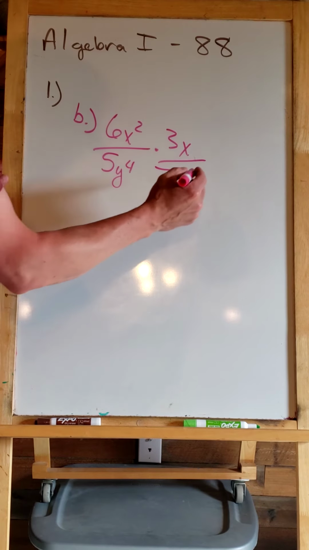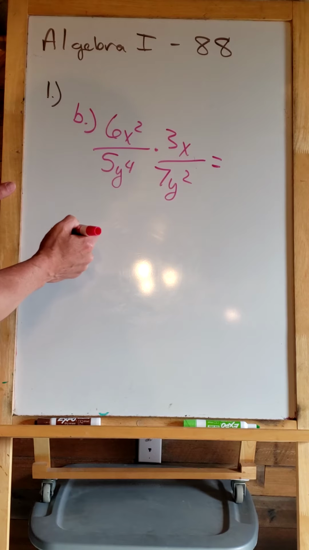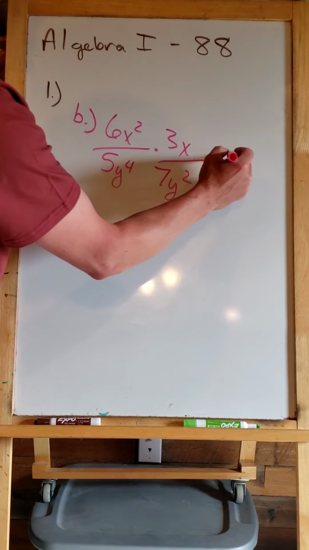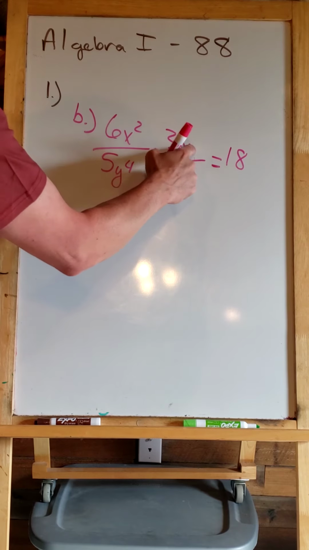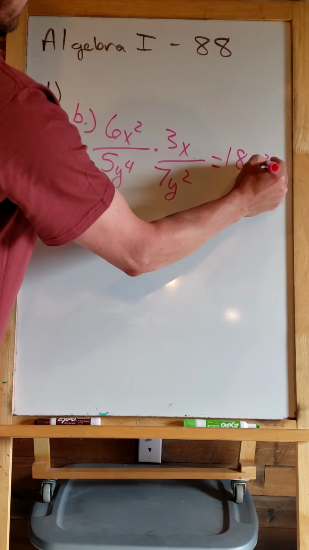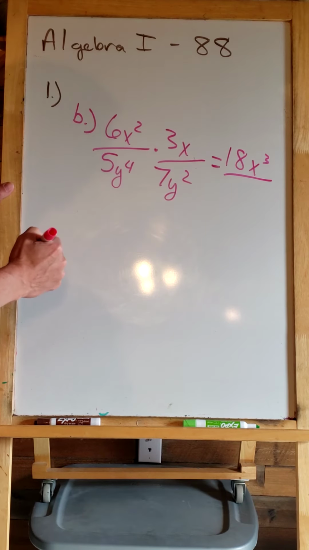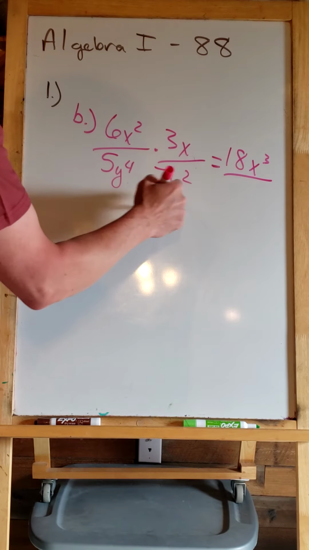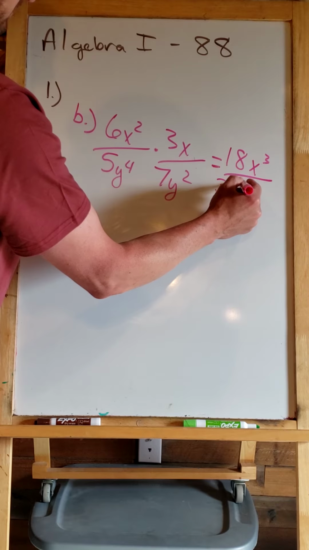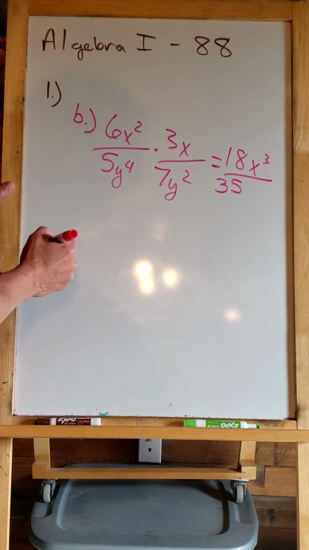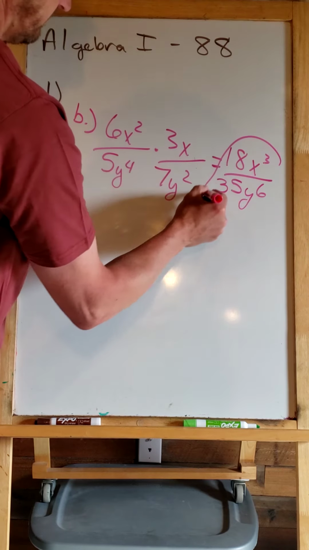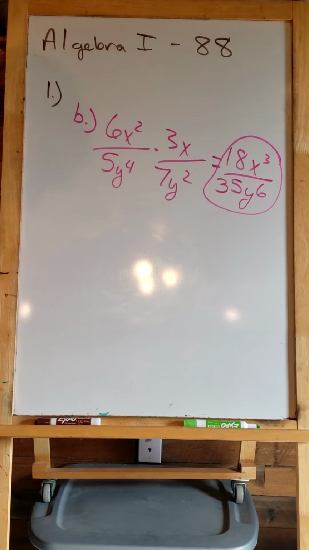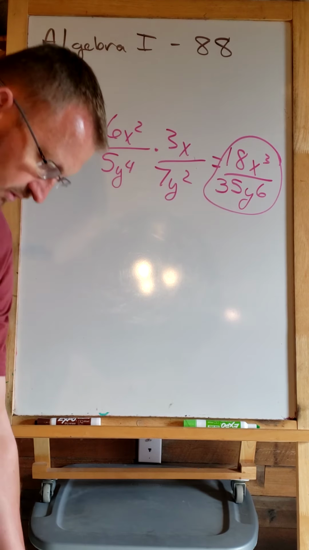So we are simply multiplying and then adding exponents. 6 times 3, 18. 2 plus 1 gives me x cubed over 5 times 7, 35, y to the 4 and 2, 6. So there will be some that you can't simplify. And in that case, you just solve.